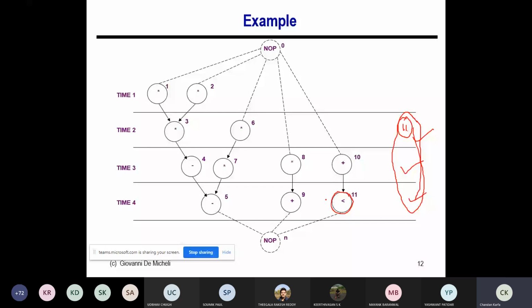So I never design hardware using ASAP and ALAP, but I always calculate the ASAP and ALAP values, take the difference of these two values, and from that I understand the zone or range of values where I can actually execute that particular operation, or the mobility.